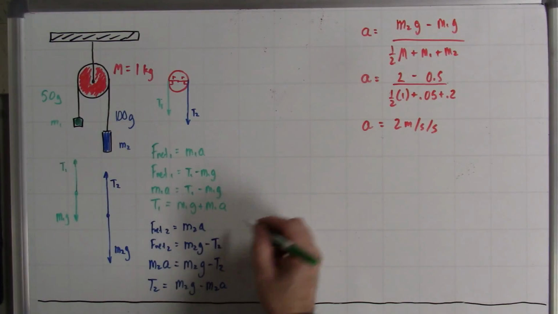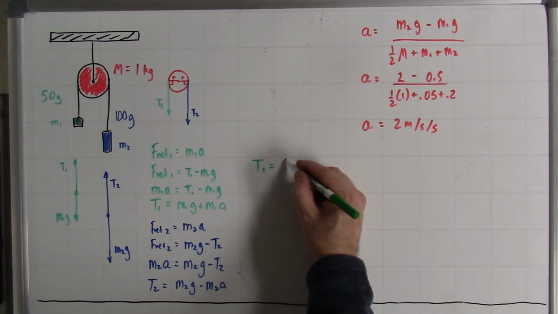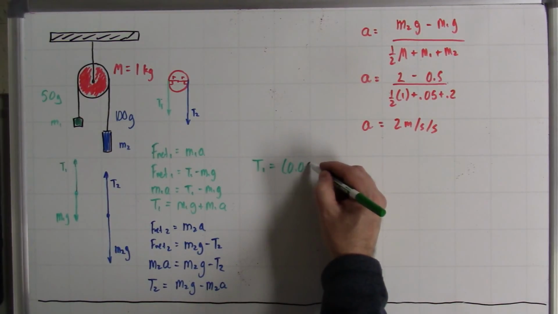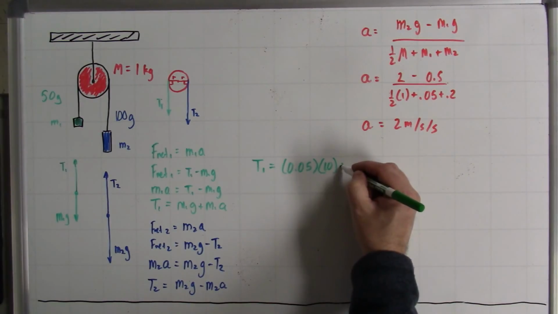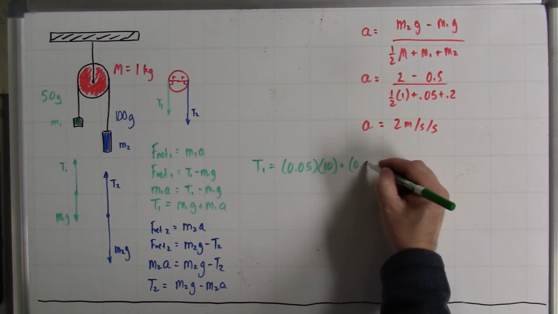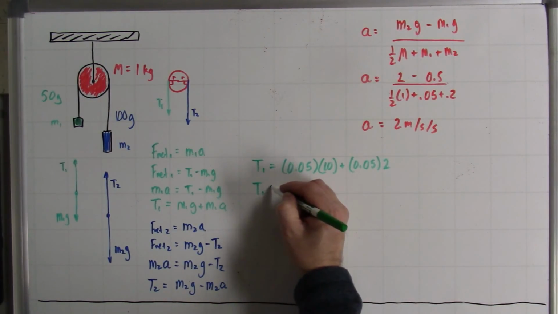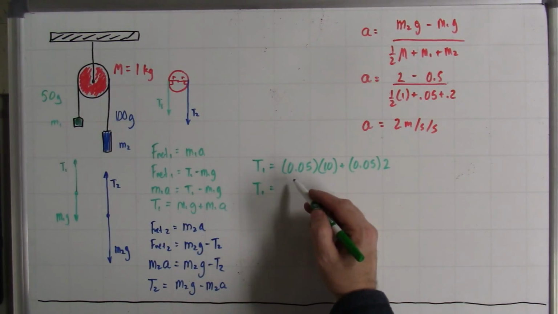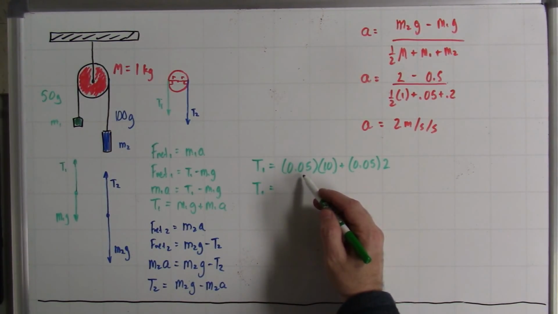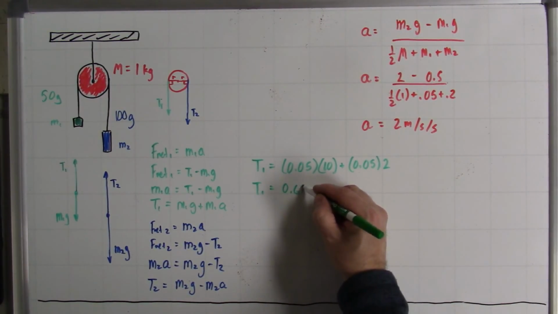To the first one, according to this, T1 should be equal to M1, which is 0.05 times G, which is 10, plus 0.05 times acceleration, which is 2. So this is 0.5 and this is 0.1, so this is 0.6 newtons is T1.